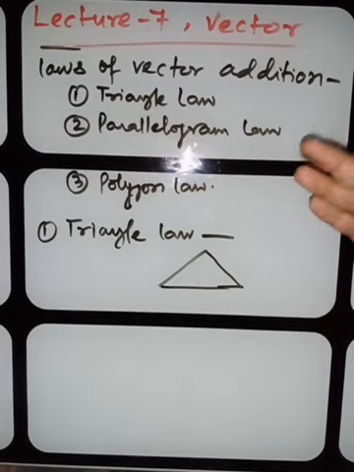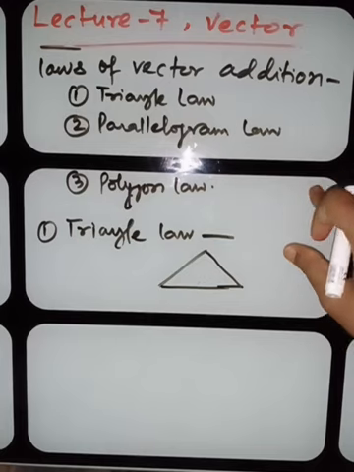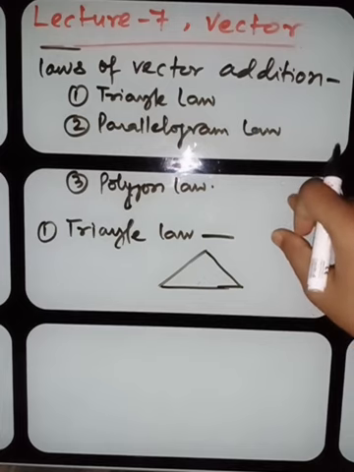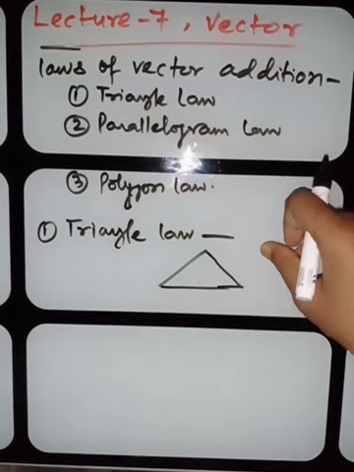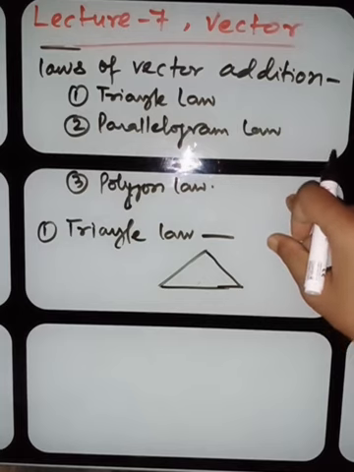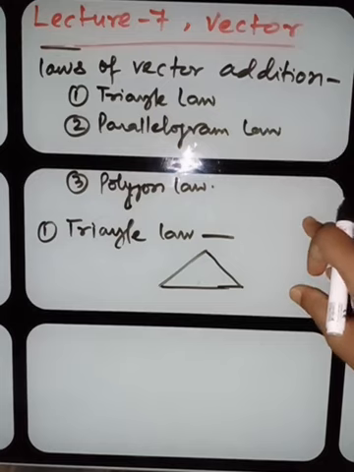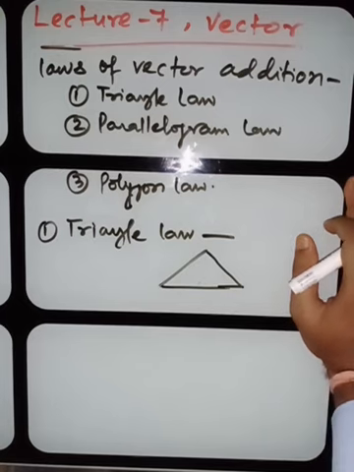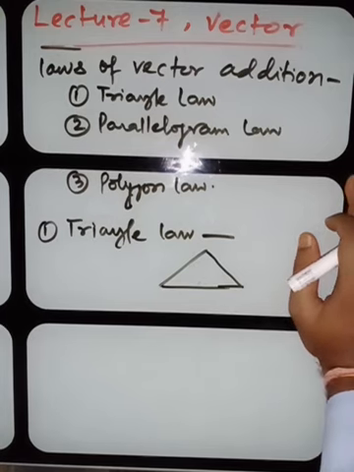You can also write this statement in this way: if any two vectors are represented by their magnitude and direction in the same flow by two sides of a triangle, then the third side of the same triangle will represent the resultant with its magnitude and direction in opposite flow. This is the statement of the triangle law of vector addition. Now we'll try to understand the meaning of same flow and opposite flow.